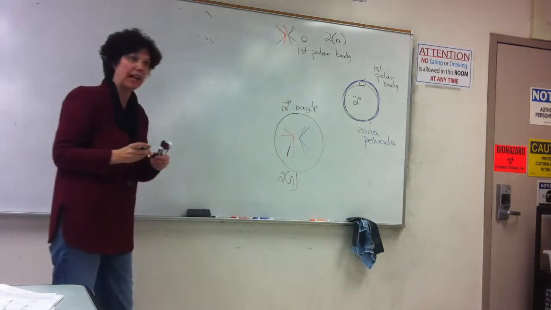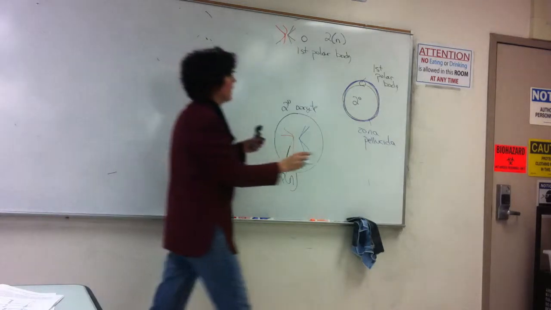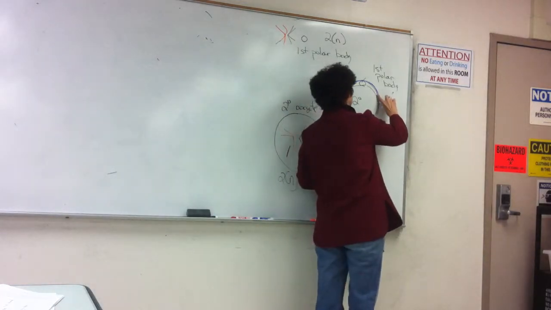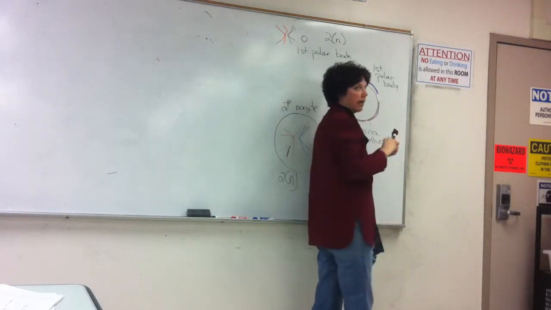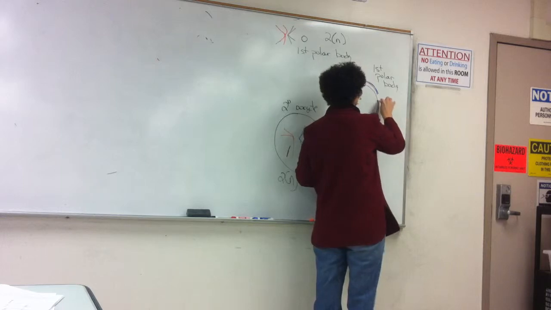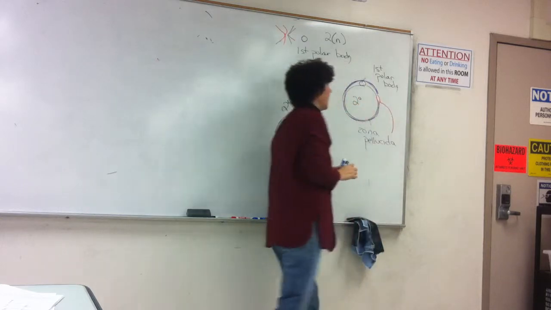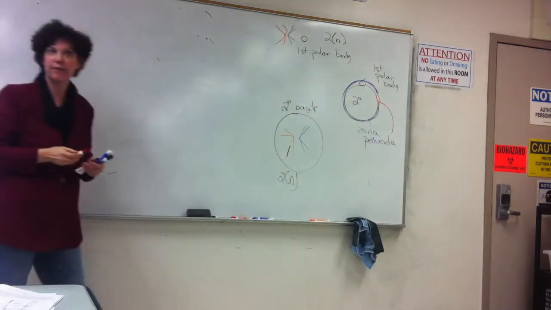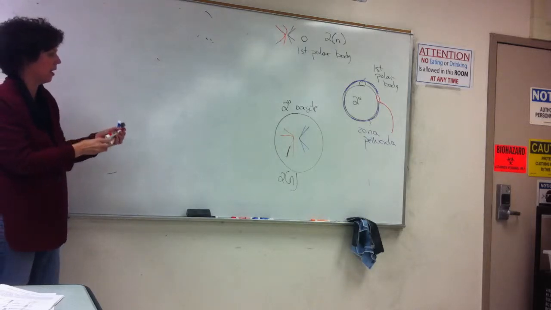So if it does get fertilized, all right, and the sperm penetrates through the zona pellucida due to the acrosomal reaction of all the other sperm, and binds to the plasma membrane of the oocyte, again what we'll talk about tomorrow.